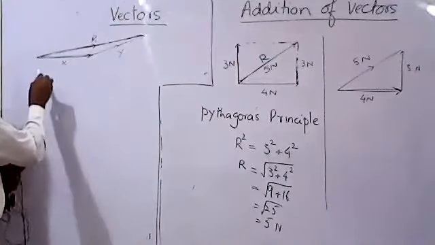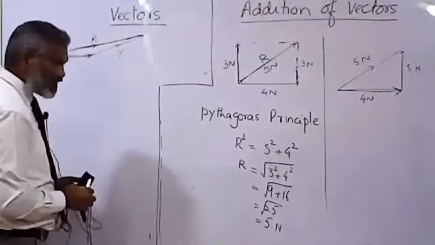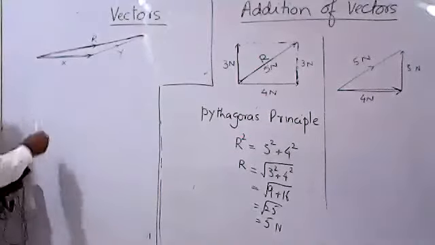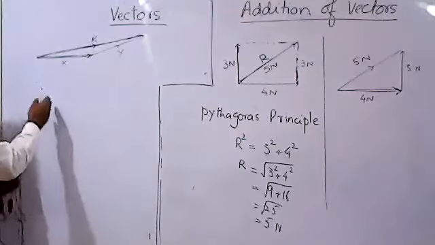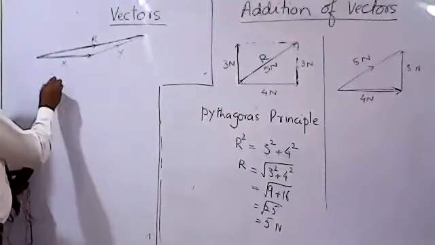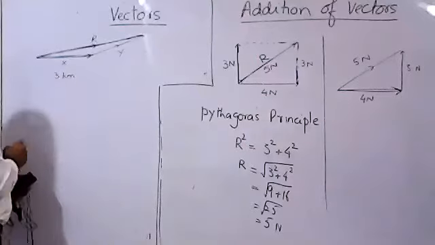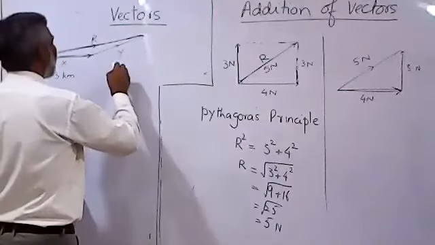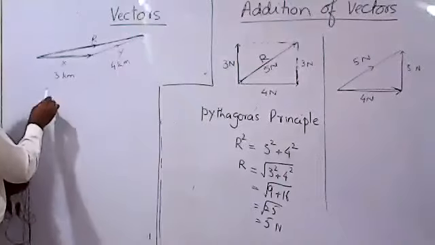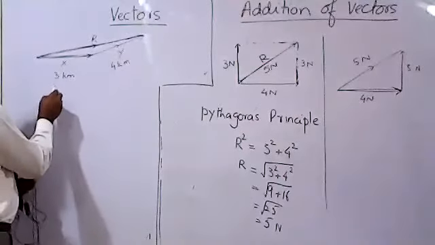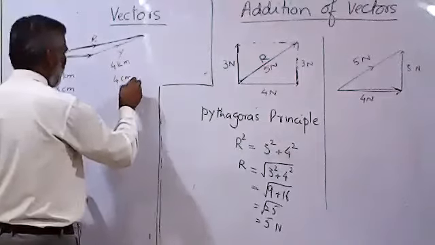For example, if I know that x is displacement of an object and I have drawn it to scale, for example, if it is suppose 3 kilometer displacement and this is 4 kilometer, and I have chosen to make it 3 centimeter and 4 centimeter.